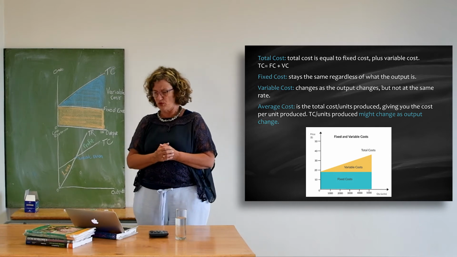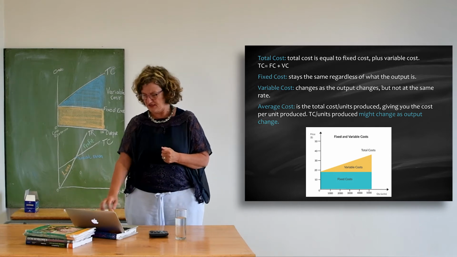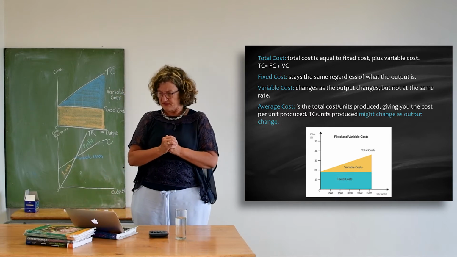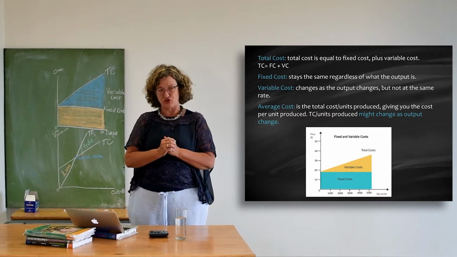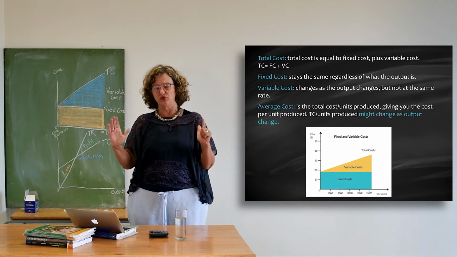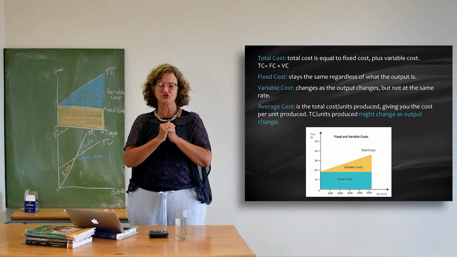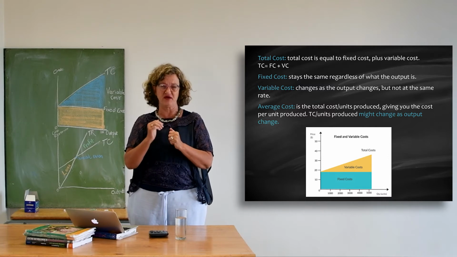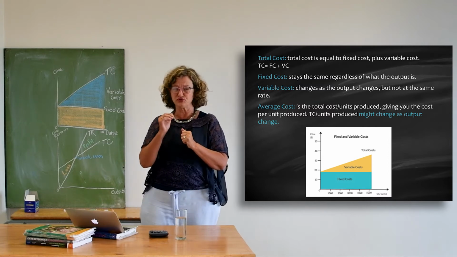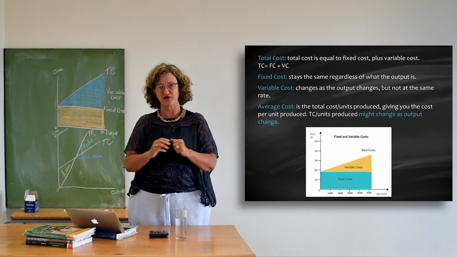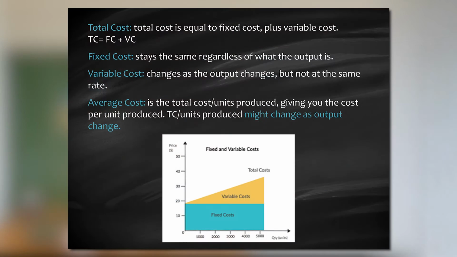Okay, then we also have the other, which is average cost. So we first look at all the costs, like the total cost and the average cost. Average cost you can just calculate if you have the total cost. So you take the total costs that you have and you divide it by the units that you have produced.